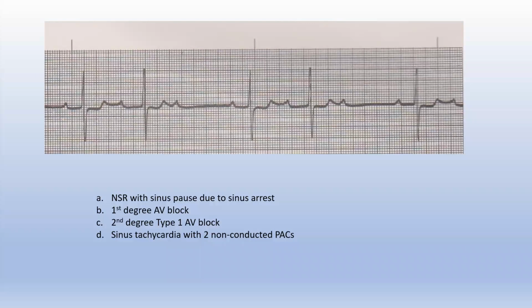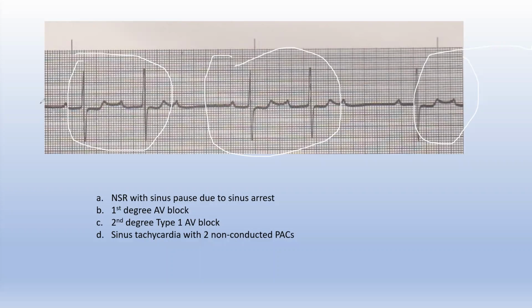The first one is that there's gradual prolongation of the PR interval, as illustrated here. And whenever you see groupings like this, so look at this, 2 over here and 2 over here and another 2 over here perhaps, this is going to be characteristic of a Mobitz type 1 or AV Wenckebach. So gradual prolongation of the PR interval and grouped beats are characteristics of a second-degree AV block type 1.